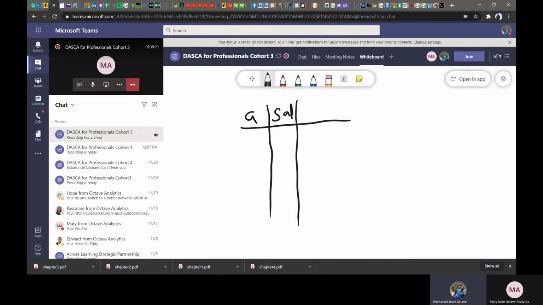And the last one, marital status. Let me put age here instead of salary. This one is gender.